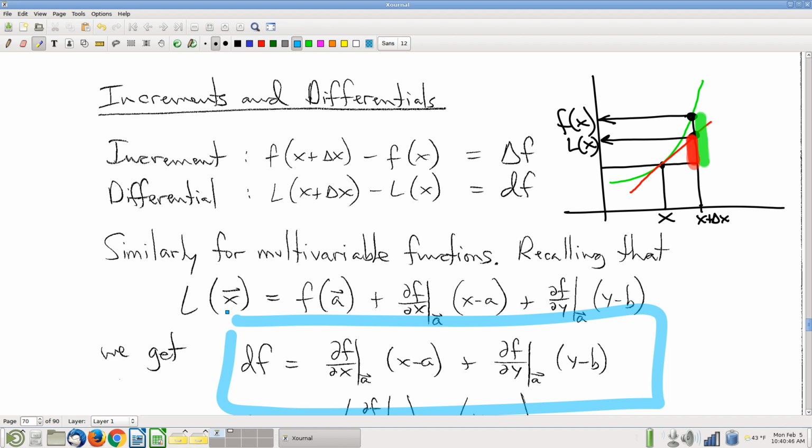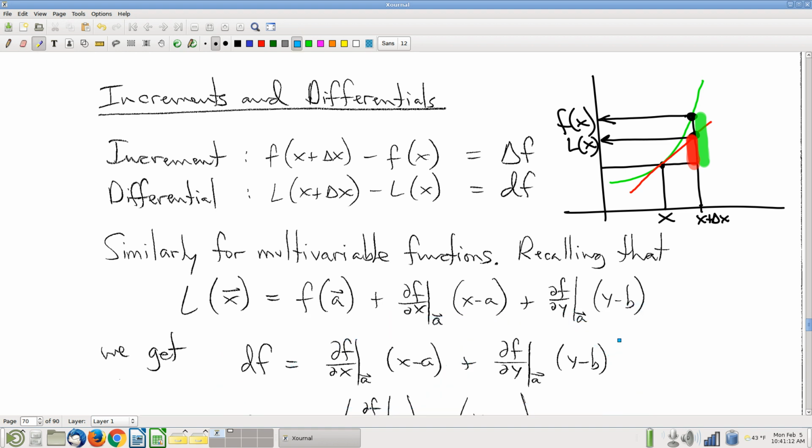In the single variable version, it's just df is equal to the derivative times dx. Here, there are two terms. They're both a derivative times a change. It's just that there's the x partial times the change in x, and there's also the y partial times the change in y. It's analogous except twice in two different directions.